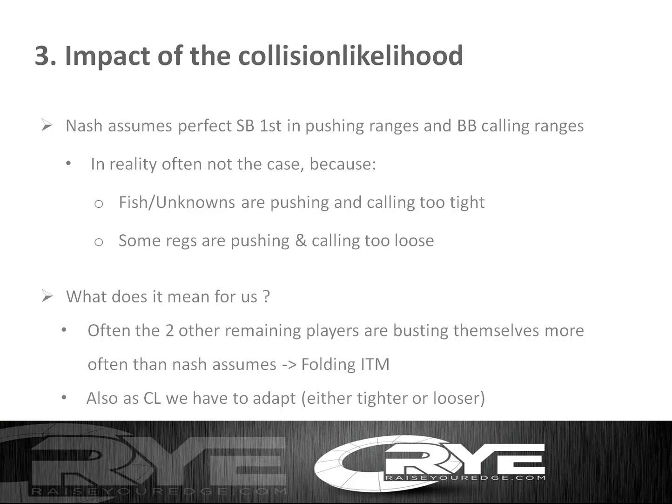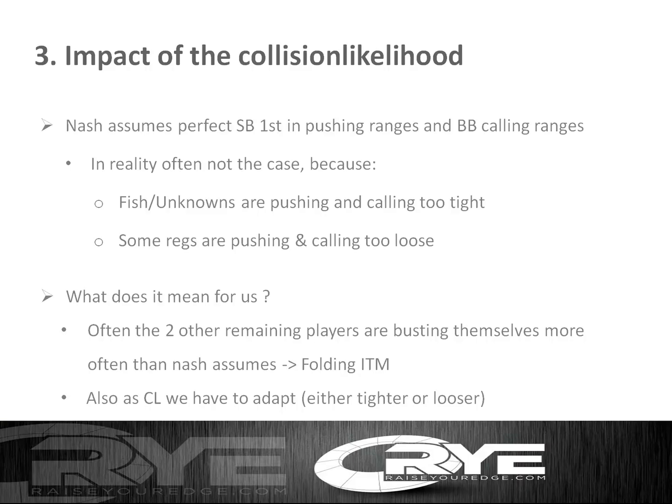When we are on the button and we have a decision if we should fold or if we should push, when we look at the Nash range, we'll also see that the small blind will shove an optimal range and the big blind calls an optimal range. If this were the case, the games would not be beatable nowadays.